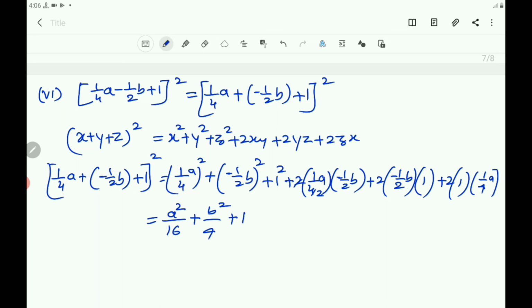Then you will get ab, here minus 1 by 2 is there, so you must write minus ab by 4. Then 2 into -1/2 into b, 2 2s cancel, minus 1b, so minus b. Then 2 into 1 into 1/4 a, so plus 1 by 2a, or plus a by 2. You got the result.